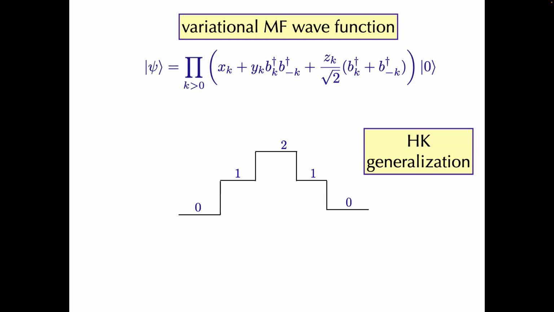If you just restrict to a product of k bigger than 0, you will naturally write the BCS wave function with 3 parameters. Just a simple exercise. But these are related. In the HK generalization, they are not related. So this is 0, 1, and 2.